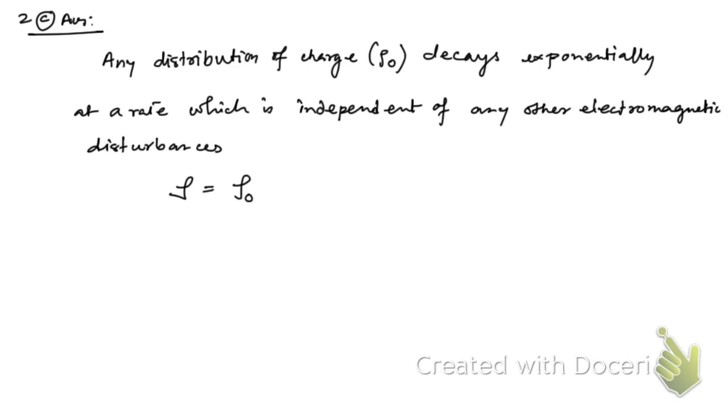So this is the original charge distribution, rho equals rho naught e to the power minus t by tau, where tau is nothing but epsilon by sigma, which is called relaxation time.